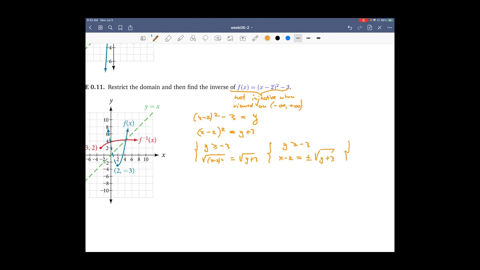And so x equals 2 plus minus root y plus 3. It is because of this plus minus, because you can't decide whether you should take plus or minus, this function doesn't have an inverse.